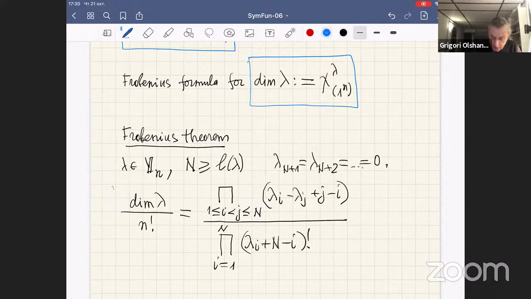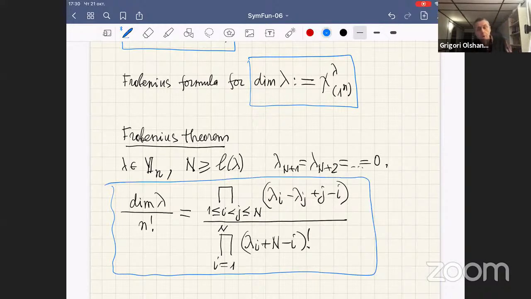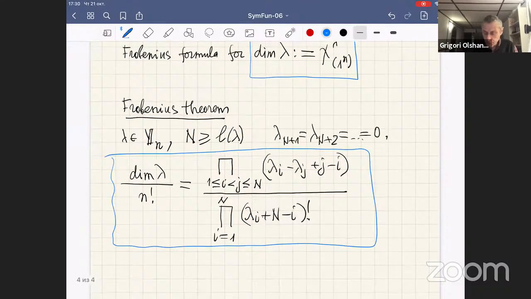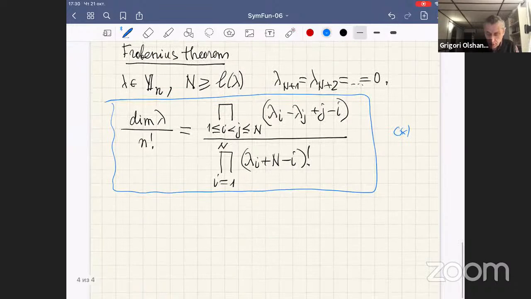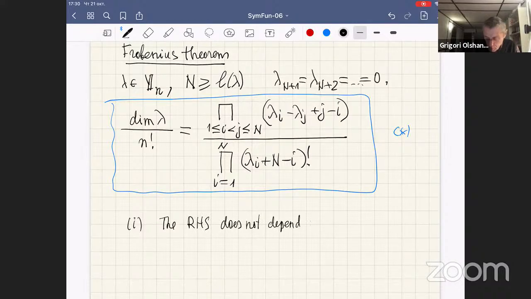So what is interesting here? Here there are in fact two claims. The first claim is the right-hand side does not depend on n, provided it is at least equal to the length.